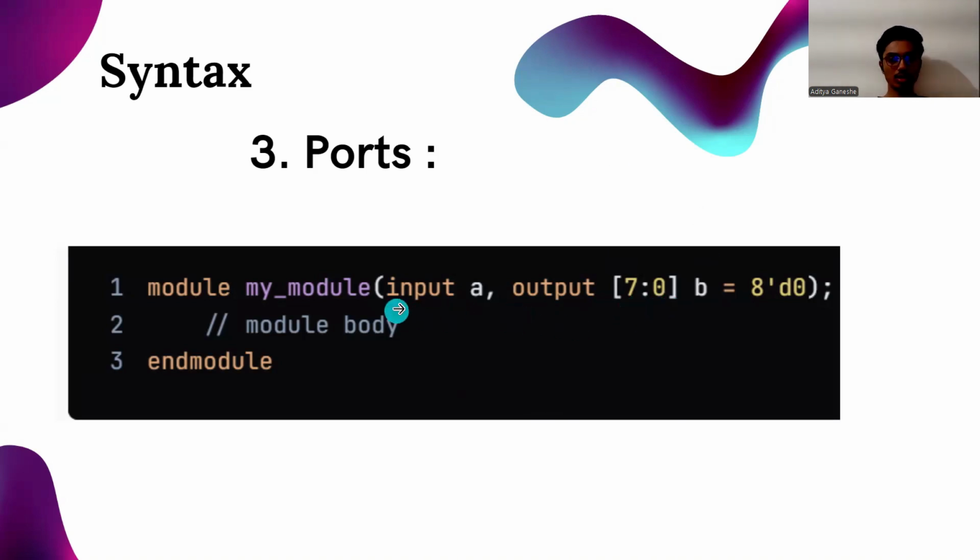Here you can see input A is given, output [7:0] B is declared, meaning from this we came to know the size of the output. This means that B is an 8-bit wide output. This 8 indicates it is an 8-bit number, and D means it is the decimal part.